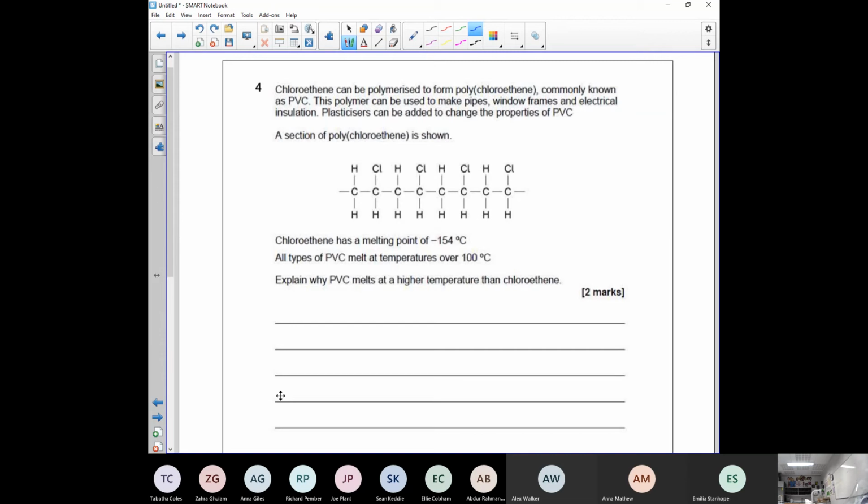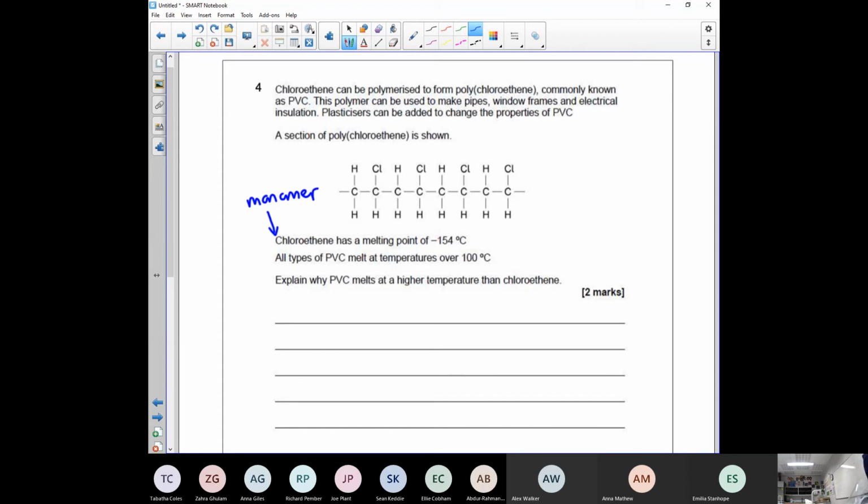It tells us that chloroethene, the monomer, the smaller molecule that makes it, has a melting point of 154 degrees C, and all types of PVC melt at temperatures over 100 degrees C. That's a long-winded way of telling you that PVC melts at a higher temperature than chloroethene.